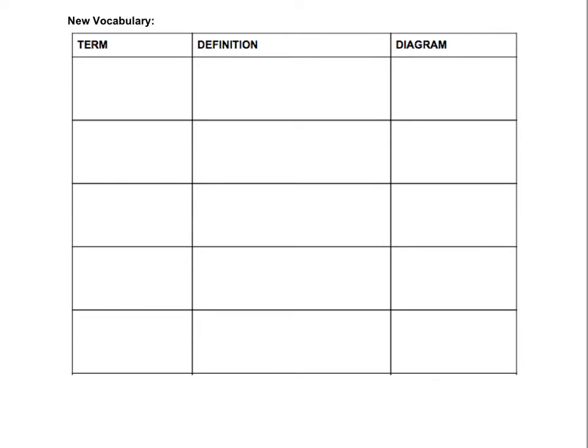The very first term is called a central angle. And the central angle's definition is an angle whose vertex is the center of a circle.